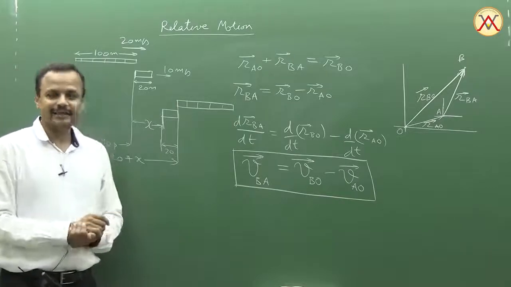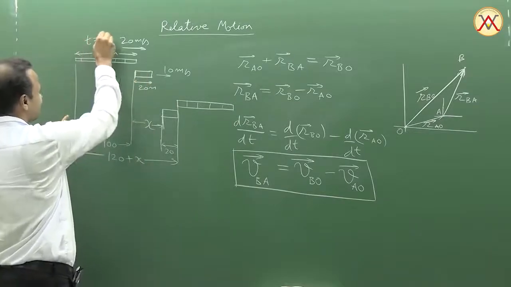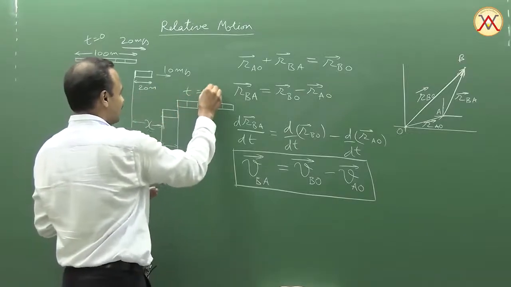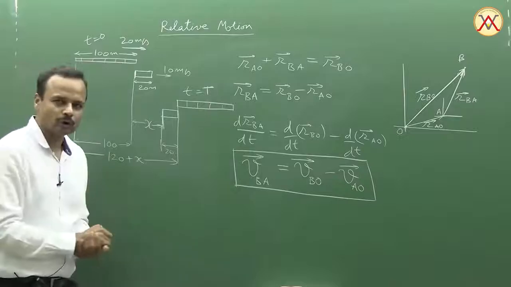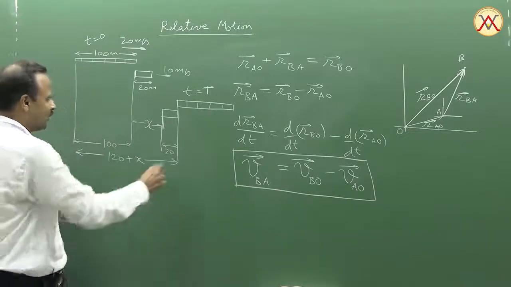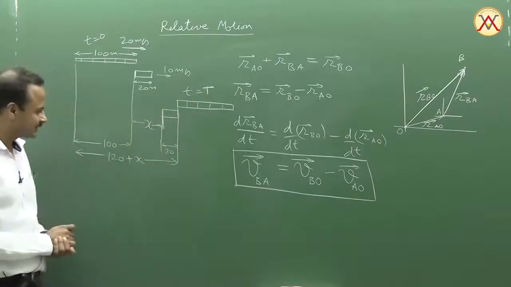Now, the time is the same for both. This was the instant, you can call it t equal to 0, and this is the instant t equal to capital T. We are interested in this value of capital T, the time taken for overtake. Now, what can we do? We can calculate this t for bus and train and we can equate them.